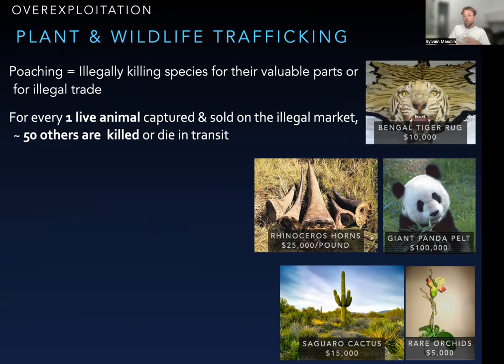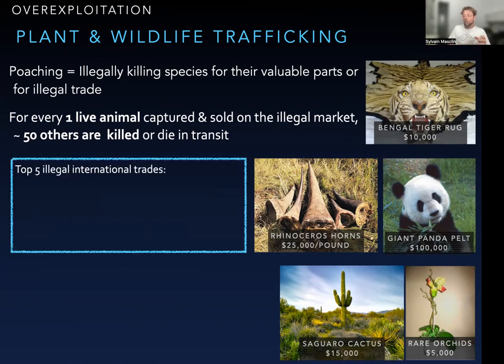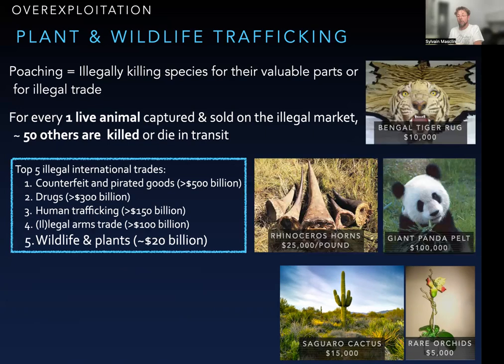This is part of the top 5 trafficking international trade that provide, of course, a lot of money on the black market. The first one would be counterfeit and pirated goods. Second one, drugs. Third, human trafficking. Then arms trading, and finally, wildlife and plant trading.